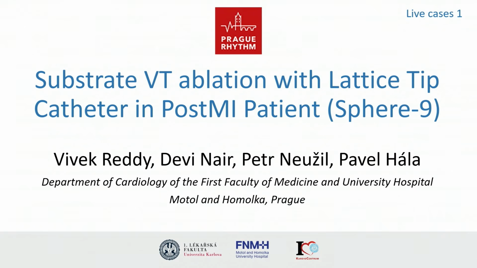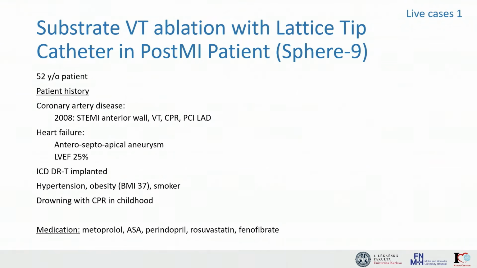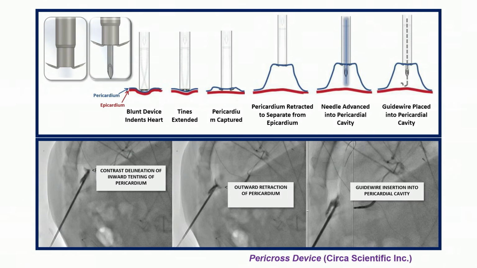Good afternoon. I will start presenting the case of substrate VT with a lattice tip catheter in a post-MI patient. We'll go through the history of this 52-year-old patient later, but we'll start with showing you the technology, how to get the pericardial access. We will use this Pericross device and needle to get the pericardial access, because with this device, we can provide a safe and easy access.